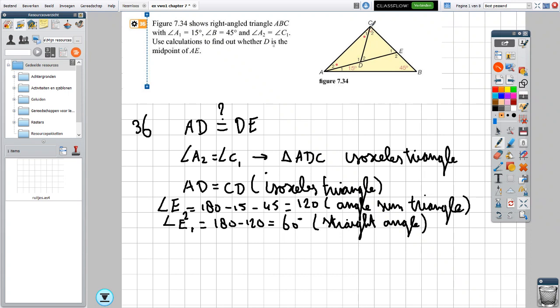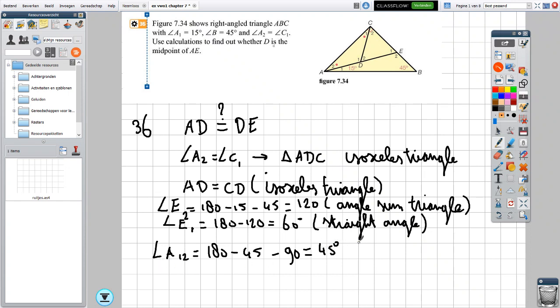Now, can I also calculate any other angles here? Well, I do know that angle C12 is 90 degrees. So angle A12 is going to be 180 minus 45 minus 90 equals 45 degrees.